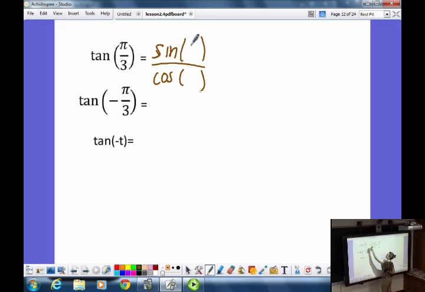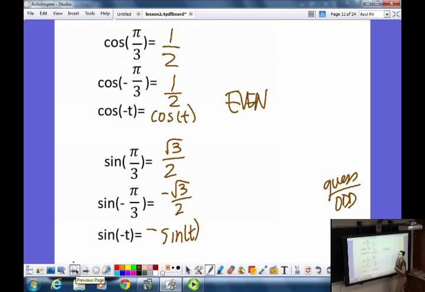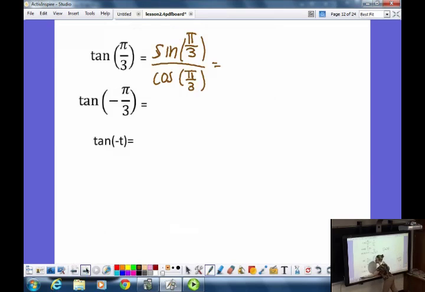Pi over 3, right, and that's our t value. So what was our sine of pi over 3 for our first one? Yep, square root 3 over 2.